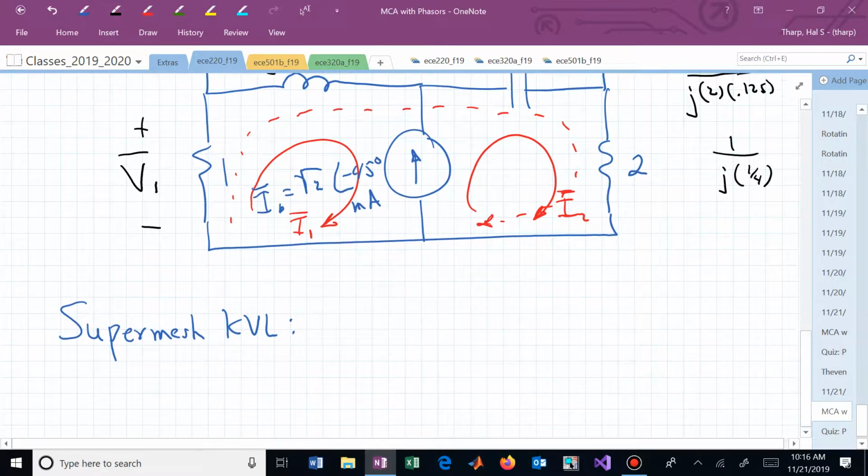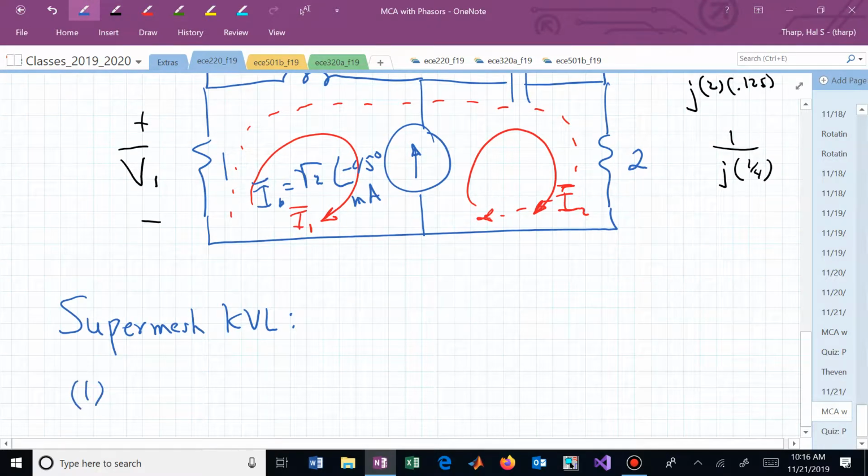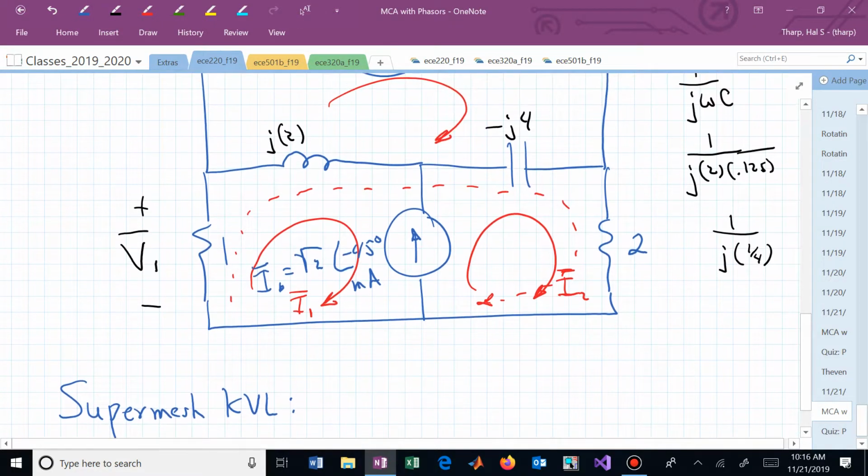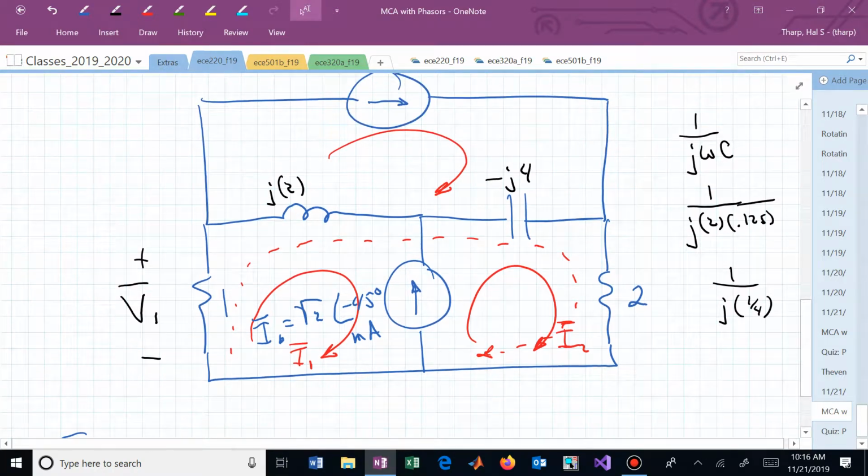Starting in the lower left, we now have 1 times I sub 1 bar. These are phasors. Plus, now we have to worry about the drop across that inductor from left to right. That's the direction we're going with I1.